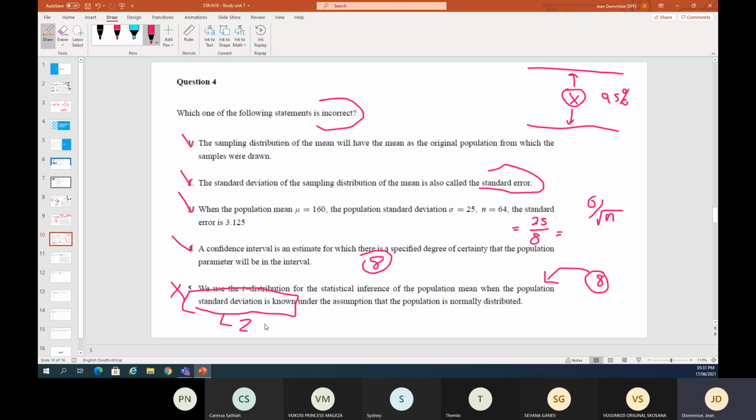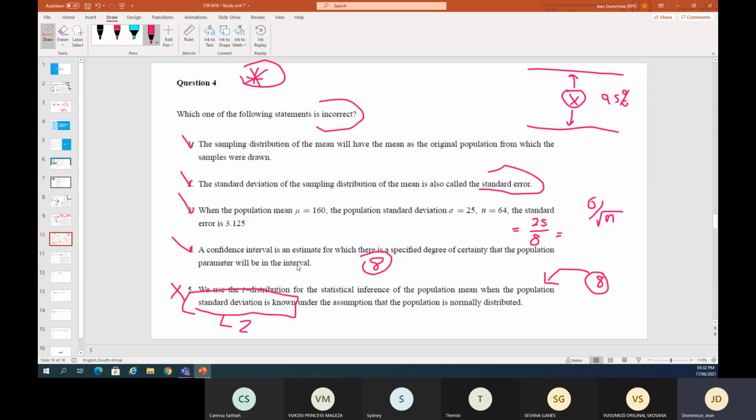Now, I don't think it is in this study unit. Yeah, no, it's not in this study unit. It is only in the next one, so we'll get there in one of the next sessions. Don't worry too much about this at the moment. I'll mark this so that we come back to it when we have finished study unit 8, and then we can relook at some of these questions, or this question.